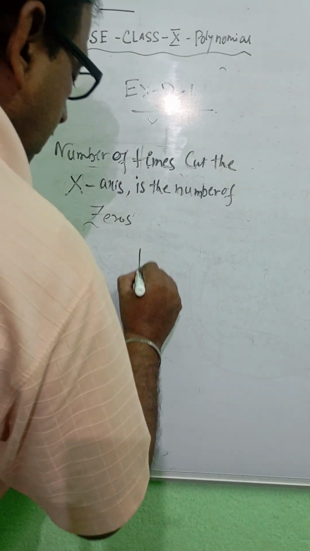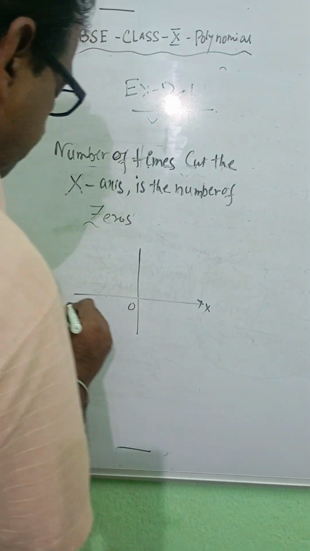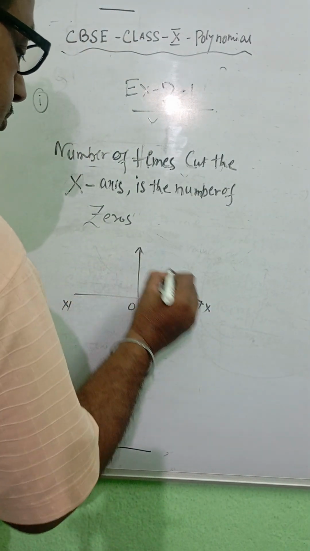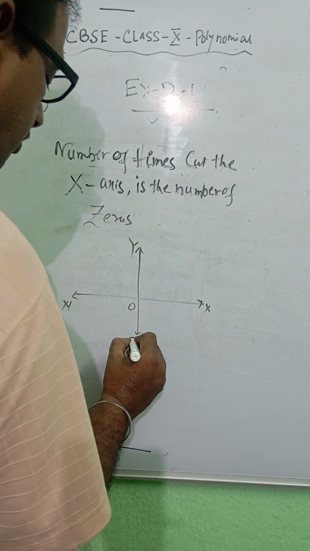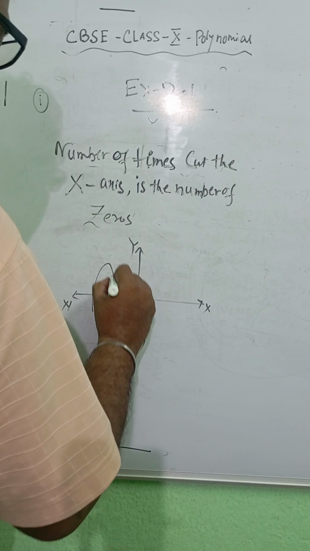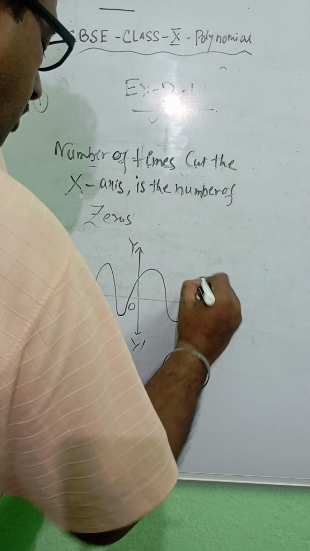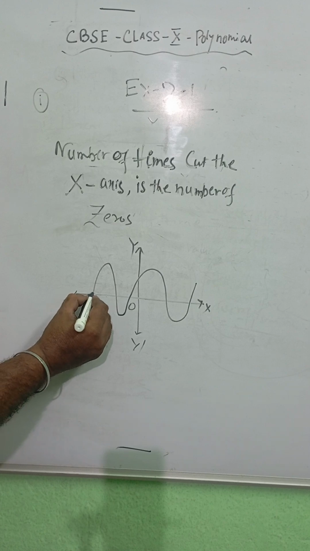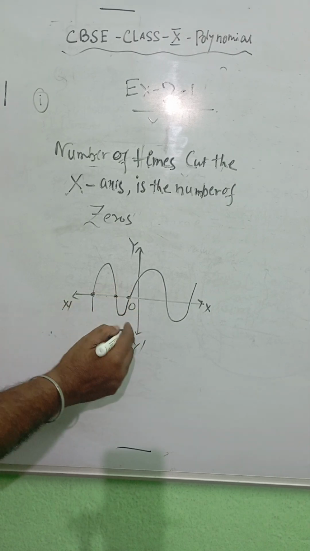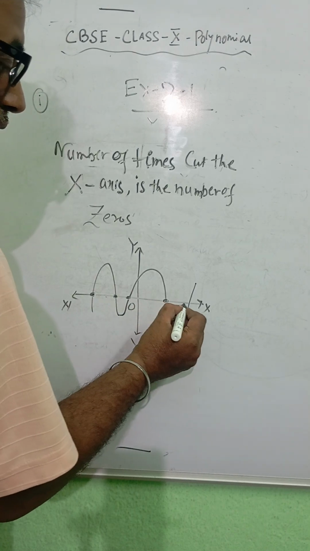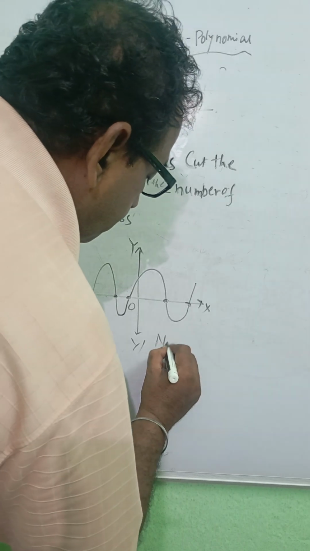That is, if there is a curve like that, how many times? 1, 2, 3, 4, 5. That is, the number of zeros is 5.